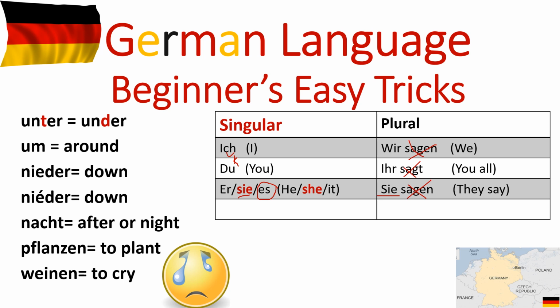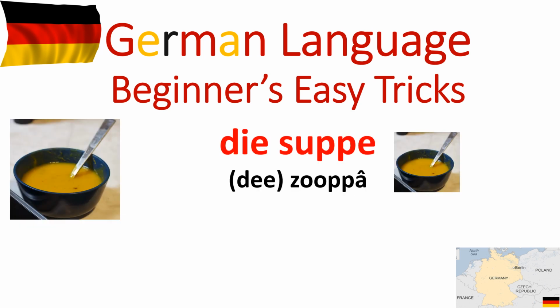Okay, so then when we move on, a lot of people say die super, but it's die Suppe. In German, sometimes S is more like a Z. It's kind of a hard sound for those of us who speak English.